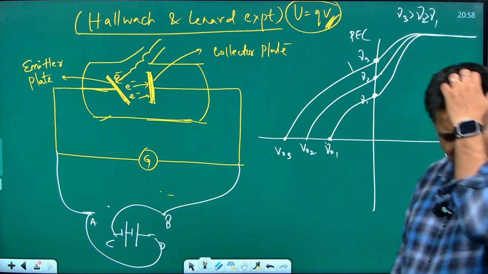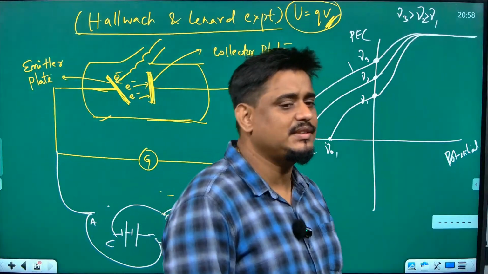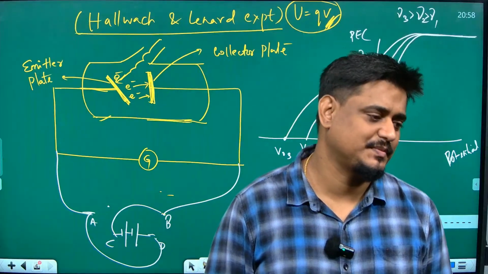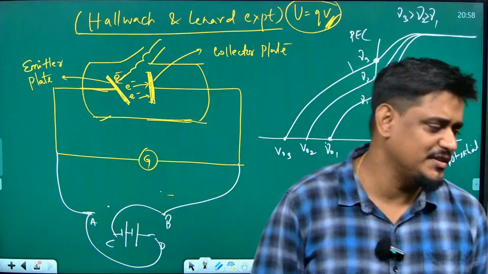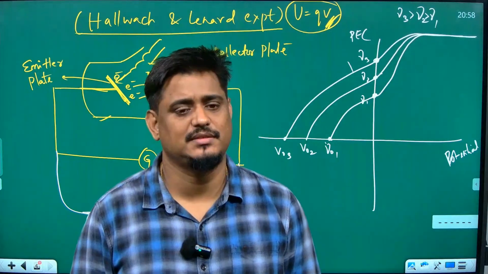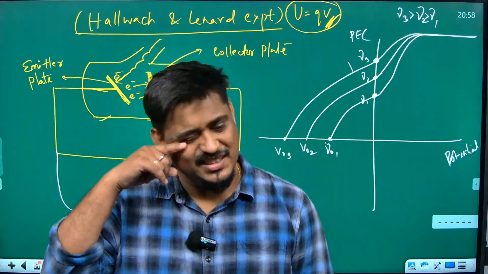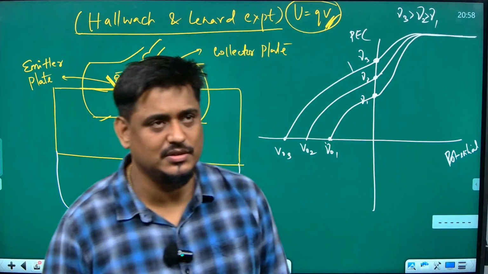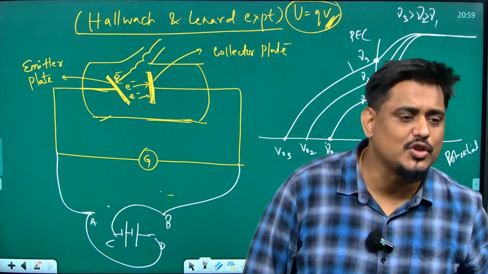Change the paragraph and write: since different frequencies of incident radiation had different energies possessed by the electrons, you can add kinetic energy basically, different kinetic energy possessed by the electrons, the amount of energy needed to stop it was also different.